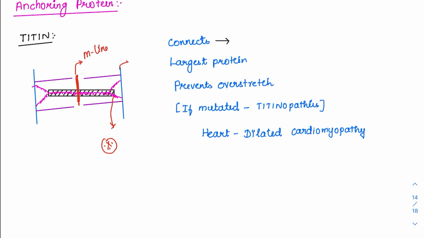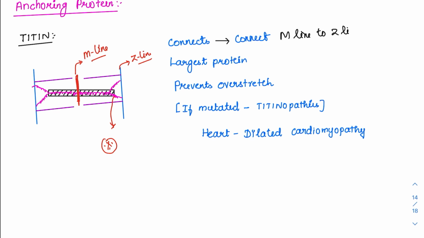This line here is the Z line. Titin is attaching the M line to the Z line. It is holding both ends, like the protein is holding the entire muscle.